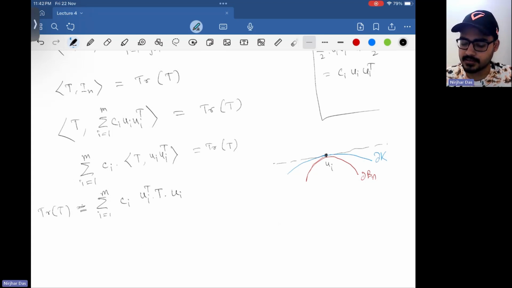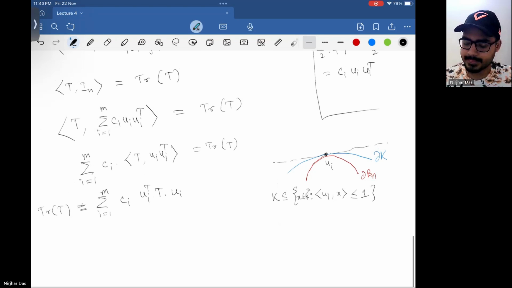That hyperplane was given as ui comma x equals 1, and we saw that K is a subset of all x in Rn such that ui comma x is less than or equal to 1.